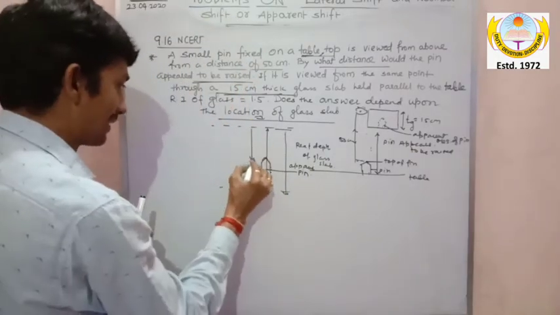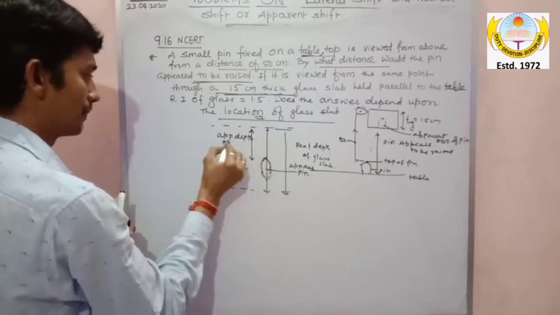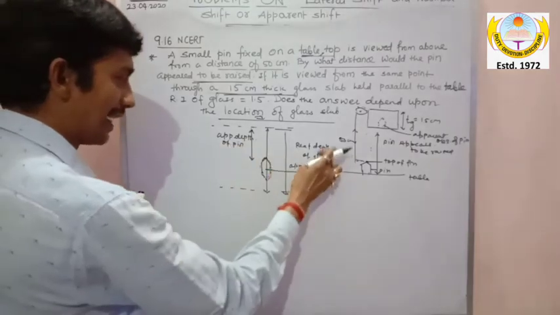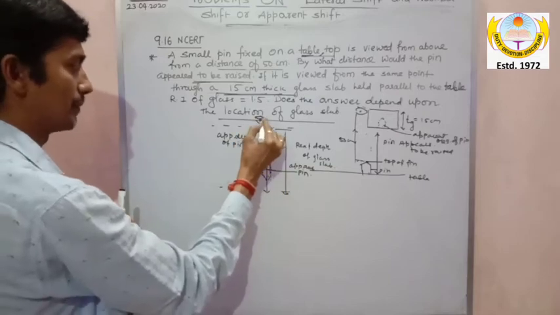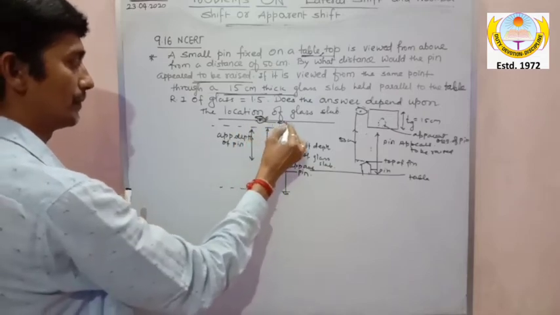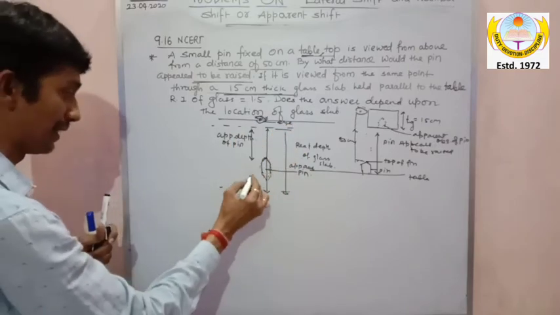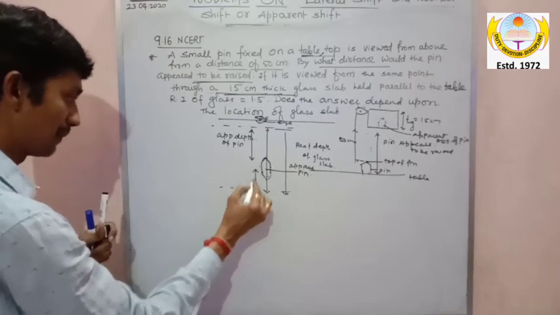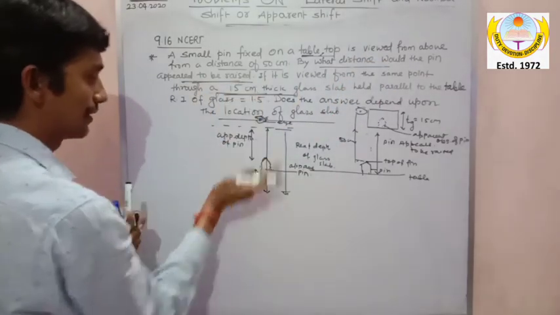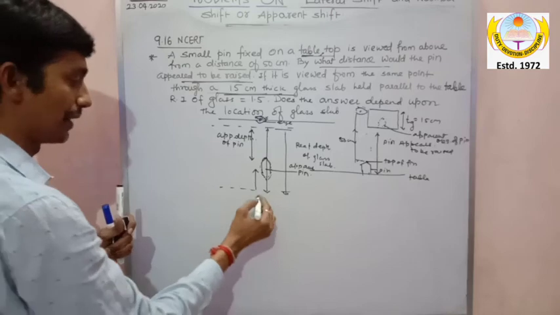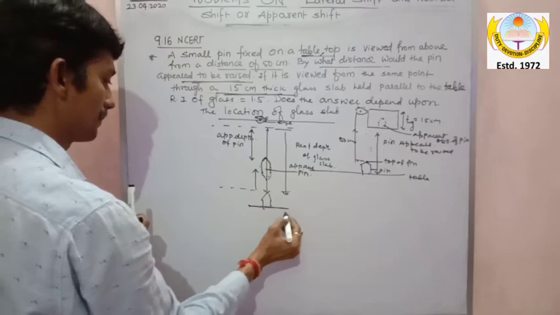So my dear, here is the apparent depth of the pin, and this is the real depth of the glass slab, because here is the apparent pin you are observing from here. This is the apparent depth of the pin, and this is the apparent pin you can see in the glass slab. So the question is, by what distance would the pin appear to be raised? Say the pin is here on the table, and this is your table.